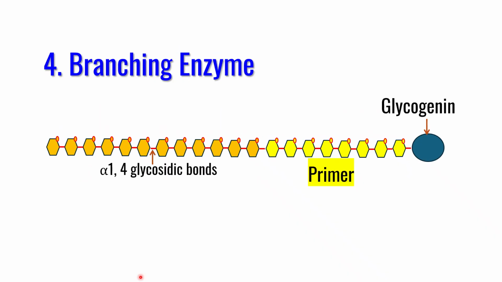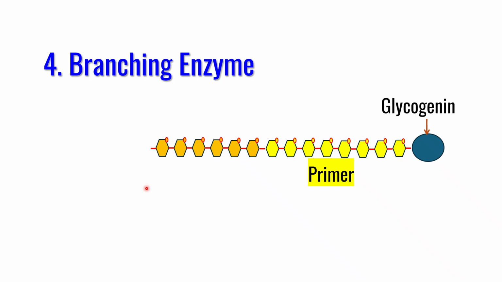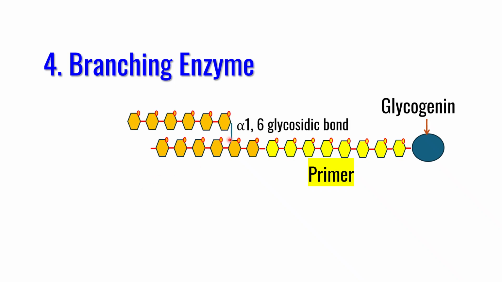Let us discuss how branches are added in the glycogen molecule. Once the chain has been extended by 12 to 14 glucose residues, the branching enzyme detaches a segment containing 6 to 8 glucose residues by breaking the alpha-1,4 glycosidic linkage and attaches it to the existing chain or to a new chain by forming an alpha-1,6 glycosidic bond.